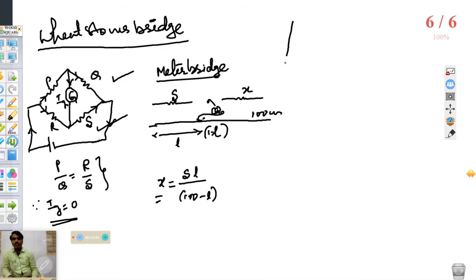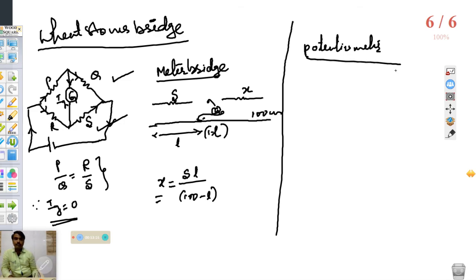And one more application is there, that is the potentiometer. In the potentiometer we have applications like comparing EMFs of cells, calculating the value of EMF, and also calculating the internal resistance.